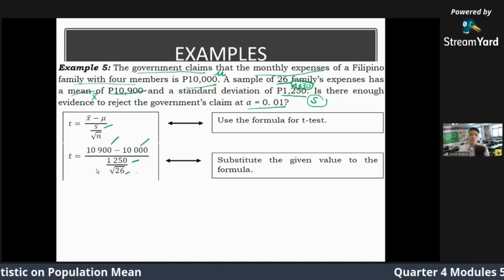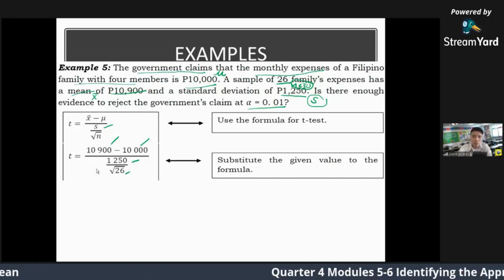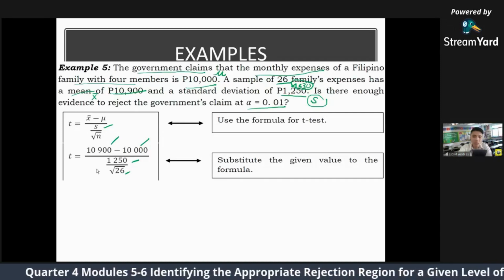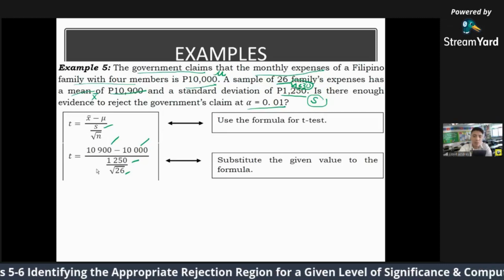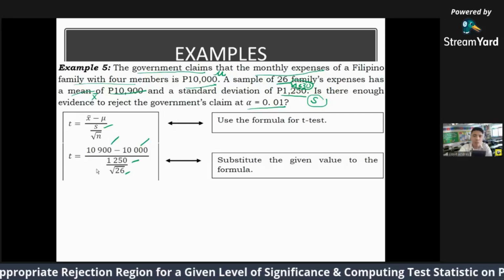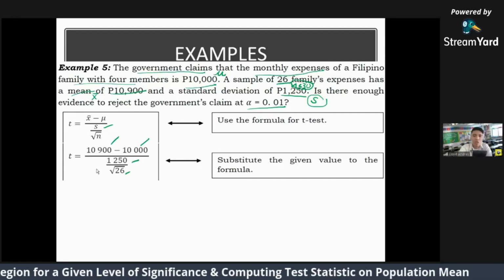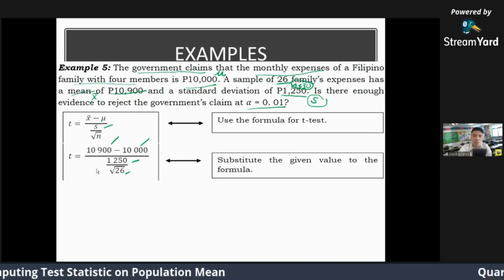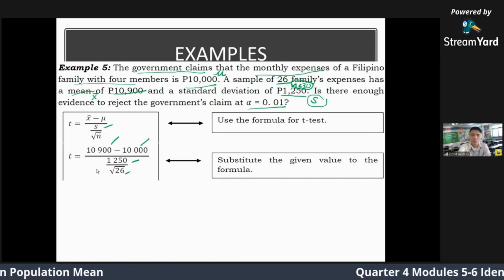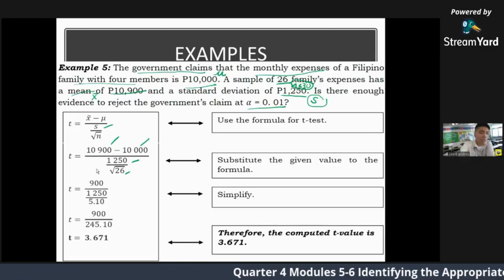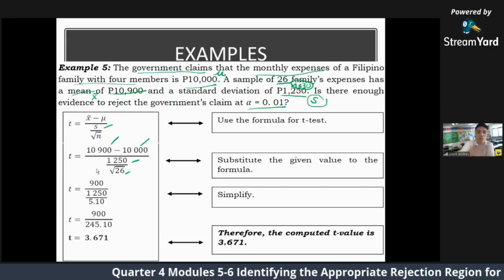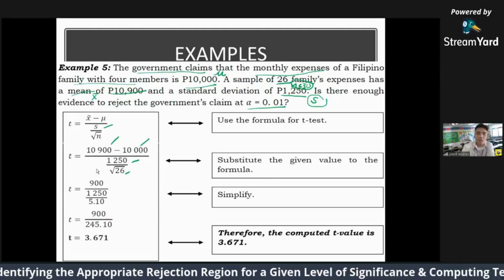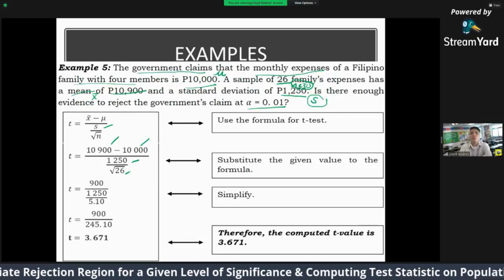Again, for solving, you type 10,900 minus 10,000 equals, then times the square root of your sample size, 26, before you divide by your standard deviation of 1,250. And that is 3.671, to 3 decimal places. It is positive, so positive 3.671 is your test statistic.